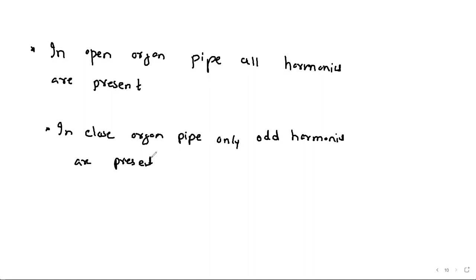Even harmonics are absent. So the sound of an open organ pipe is richer than the sound of a closed organ pipe. An open organ pipe can generate more types of musical sounds than a closed organ pipe. So an open organ pipe is better than a closed organ pipe. Okay, just note it down.